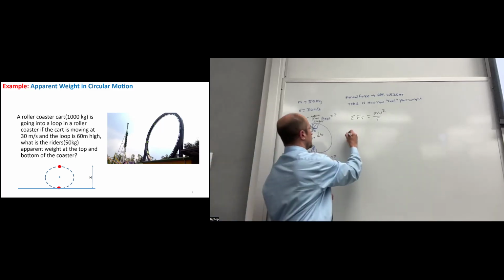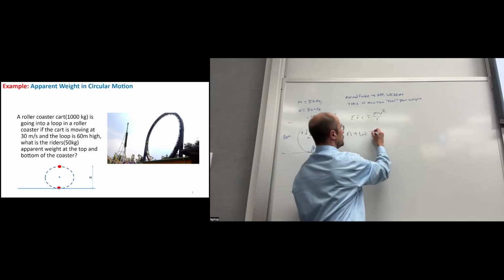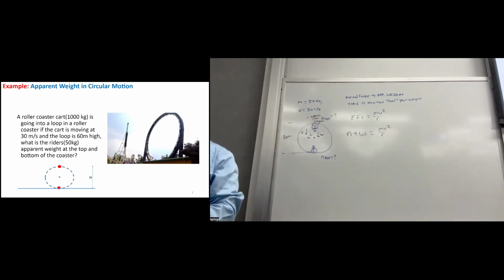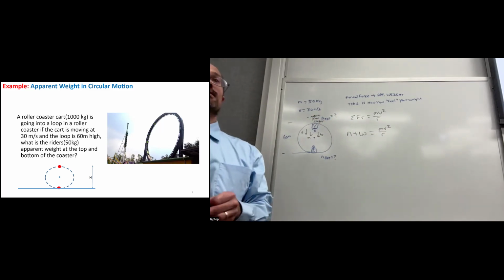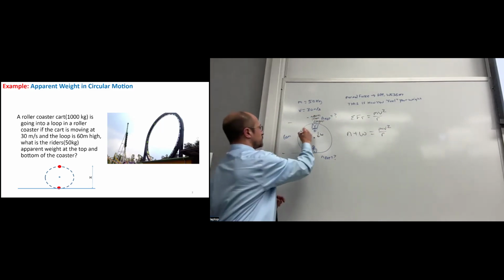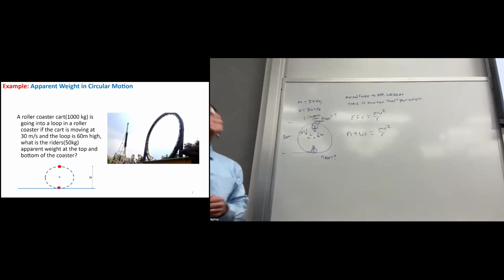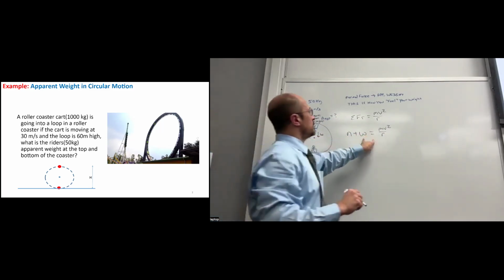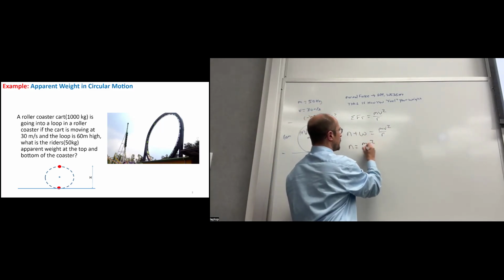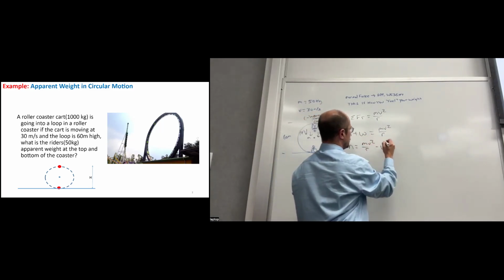So we write N plus W is mv squared over r. It's a directional plus, directional minus. So now we can solve for the normal force: N is mv squared over r minus W.